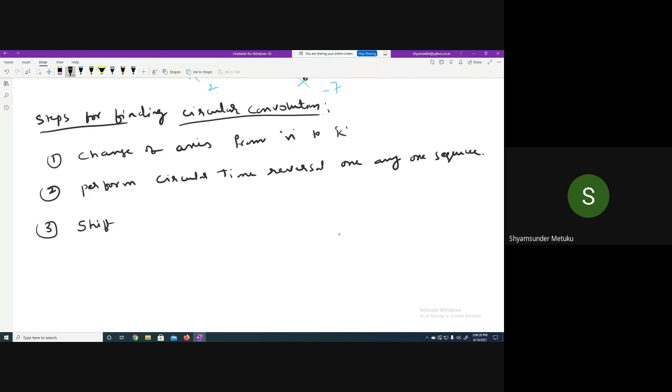Shift the circularly folded sequence, shift the circularly time-shifted sequence. I should not say delay, basically I should say shift right side.